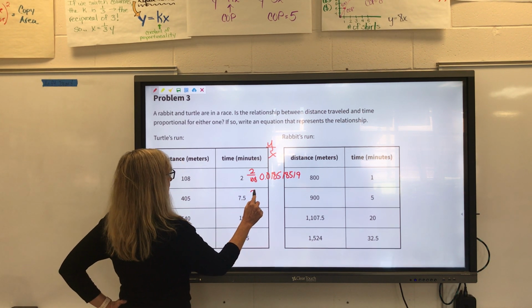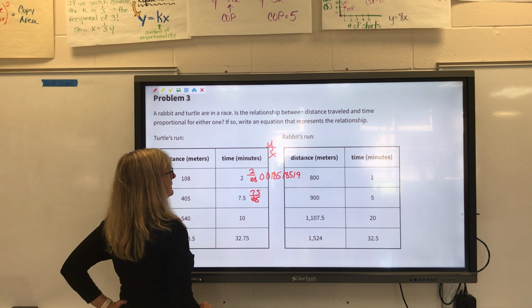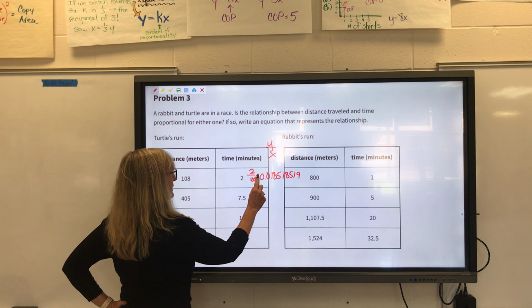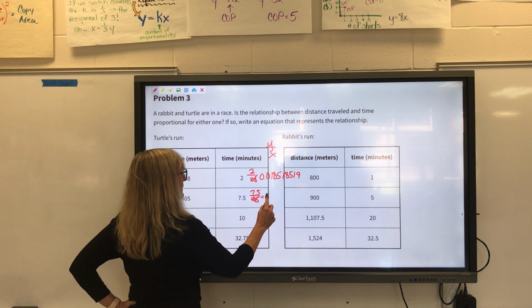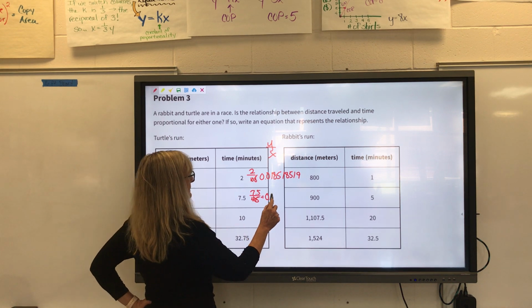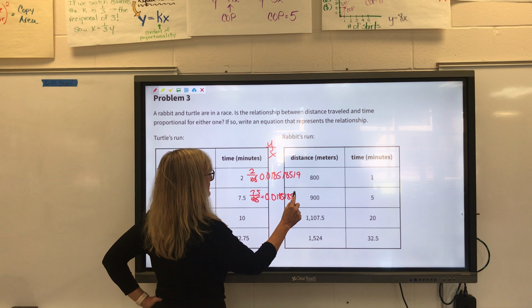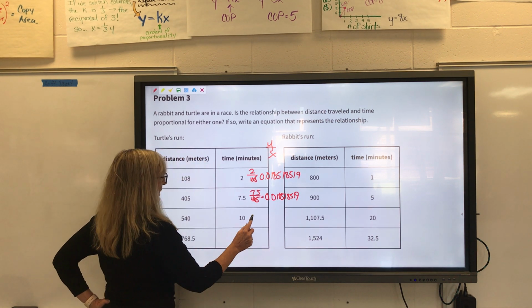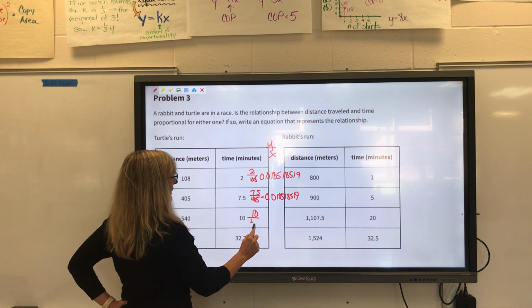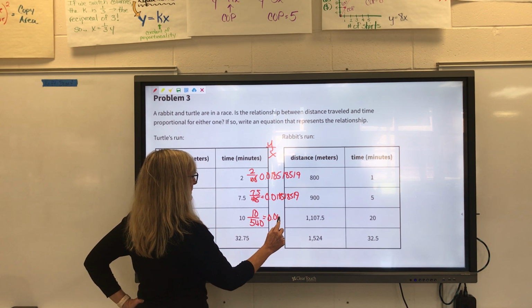Now do 7.5 divided by 405. Divided by what? 405, the x. I got the same thing. Okay. How about 10 divided by 540? Do you get the same thing? Same thing. Okay.